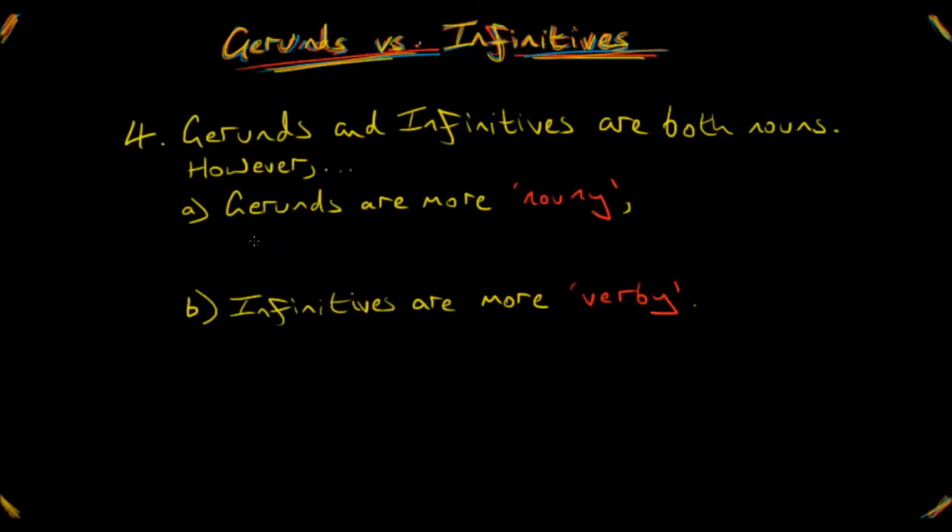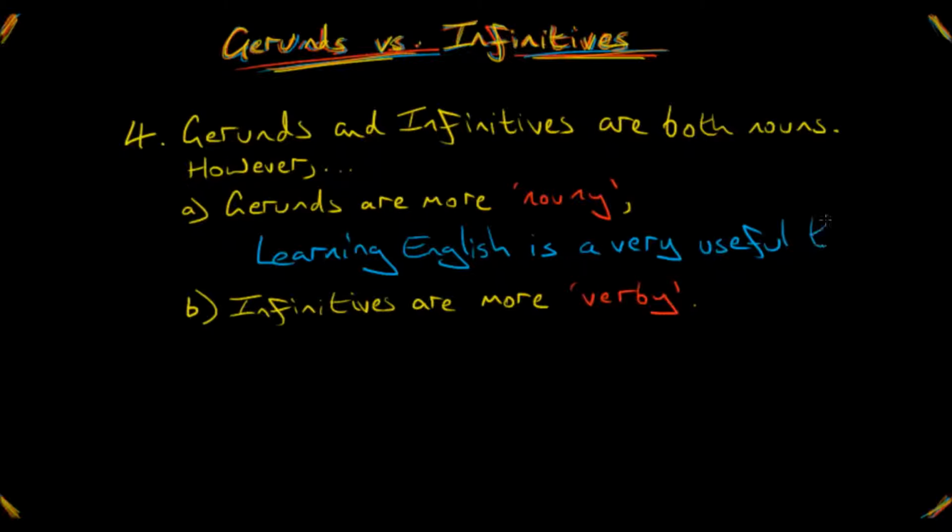So for example, learning English, there we go, we've got the noun phrase, is, the verb, a very useful thing, and there we've got the object.